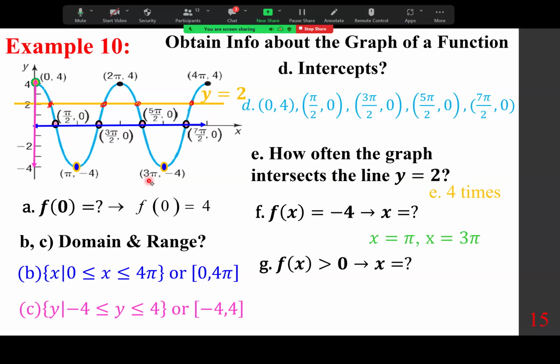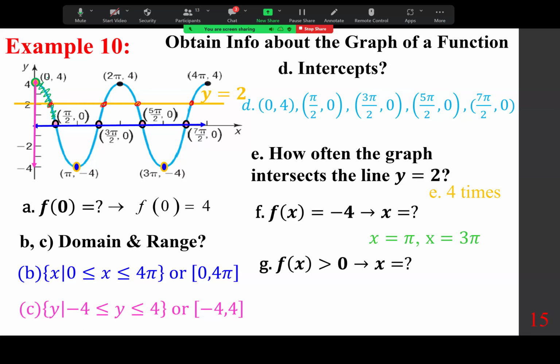f of x is larger than 0. What is the x value? Where is the function above the x-axis? That's the meaning of f of x larger than 0. So notice, let me use some colors here that will help. Let's go with green. This portion is above the x-axis.